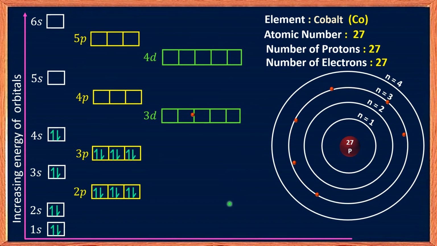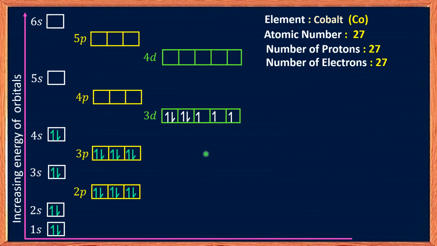Let us fill these electrons into 3d. 21st electron, 22nd, 23rd, 24th, 25th electron. All d orbitals are singly filled, that is half filled. Then according to Hund's rule, pairing will be taken place. 26th electron, and the differentiating electron is 27th electron, which enters into this orbital.